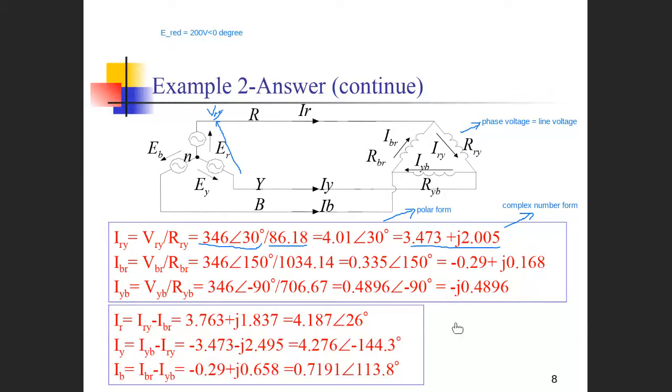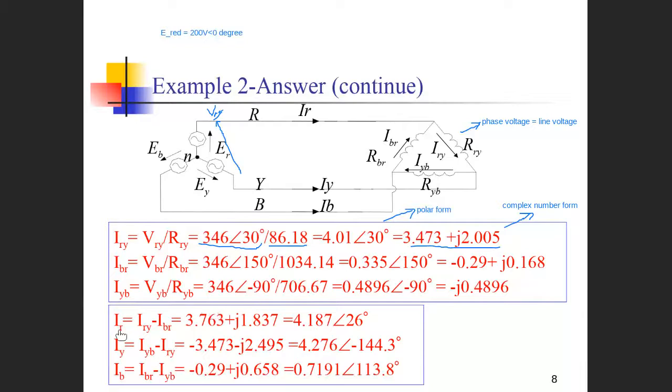So finally, with the delta phase currents, we have to find the line currents. Looking here, the red line current is the red-yellow phase current minus the blue-red phase current, according to Kirchhoff's current law at these points.